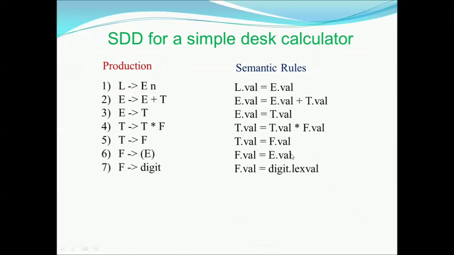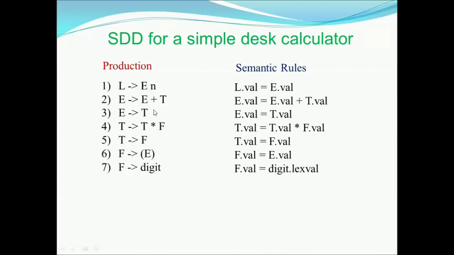Once I get the F dot value, then to evaluate T, the rule written is T dot value is equal to T dot value multiplied by F dot value. It means that once you get the value of T and the value of F, using these values you can evaluate the value of this particular T. That's why we have written T dot value is equal to T dot value star F dot value.